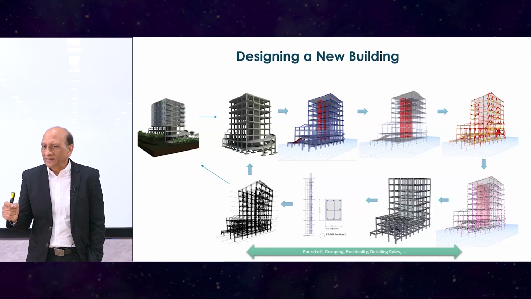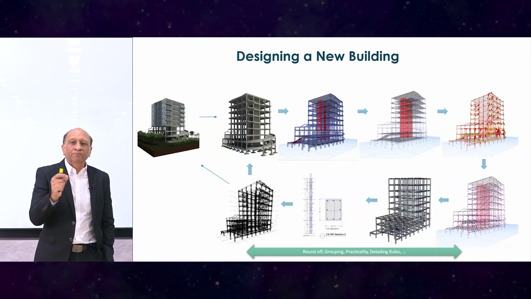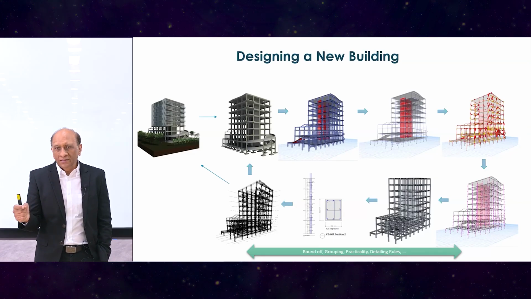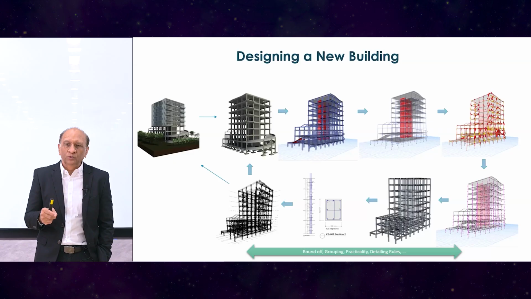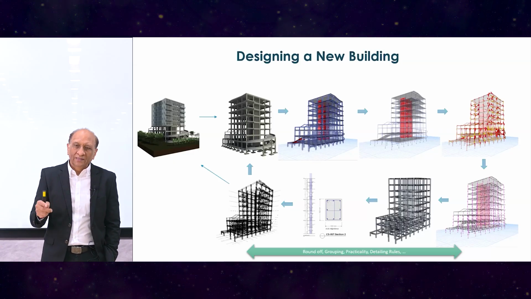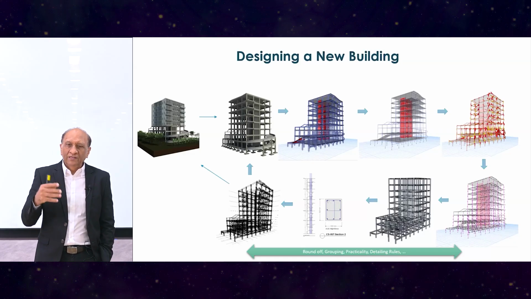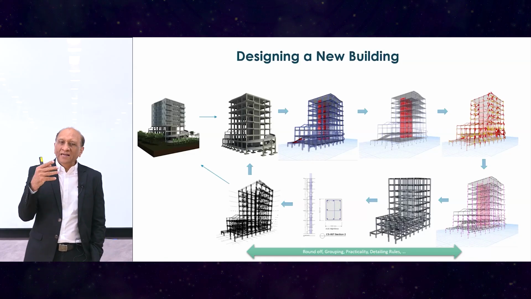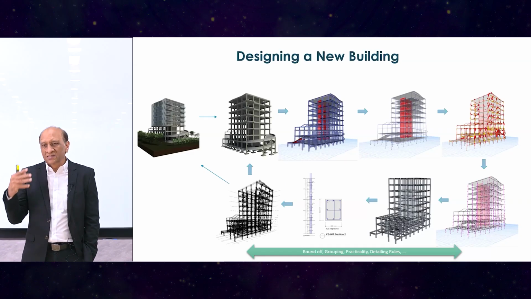But that reinforcement that we calculate doesn't get built because on the way, we have to group the beams. We cannot have every beam be different. We cannot have every column be different. So we group them together and we round off and we follow the detailing rules. So what gets built is not what is designed.